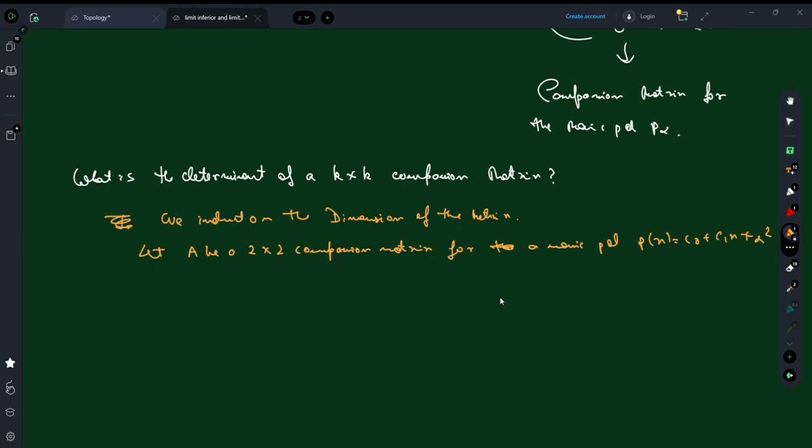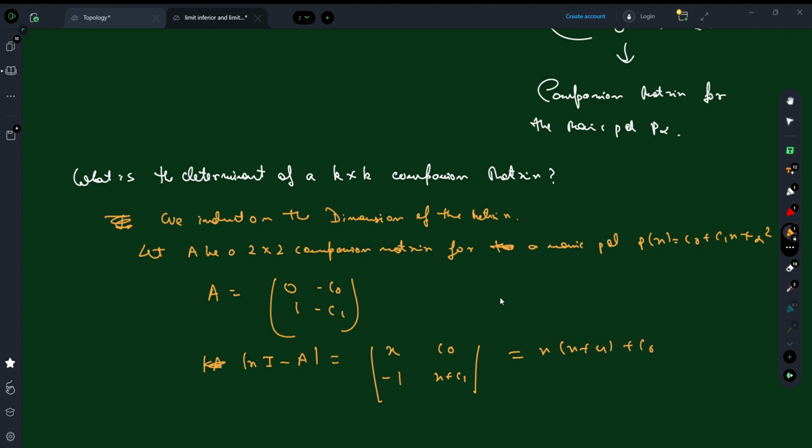So what should be A? A is clearly of this form: 0, 1, and then minus c0, minus c1. What is the determinant of A? Sorry, what is the characteristic polynomial of A? It's xI minus A. So it's obviously x, c0, minus 1, and here you have x plus c1. So it's x into x plus c1, plus c0, which equals x square plus c1 x plus c0, right? And you're getting a relation.